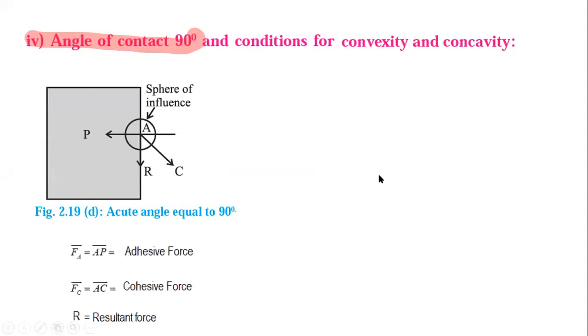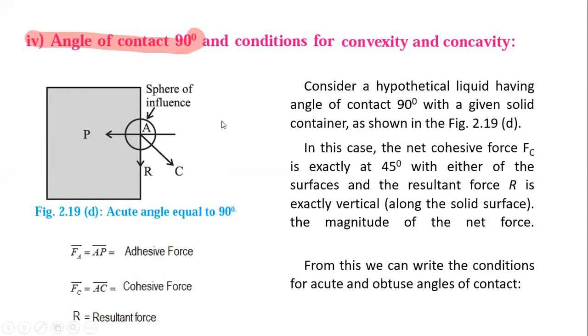Pay attention, such a case does not exist, but still let's see. This is a hypothetical case. So consider another hypothetical liquid. Still not a single liquid exists whose angle of contact is 90. So I'm considering a hypothetical liquid whose angle of contact is 90 degrees.